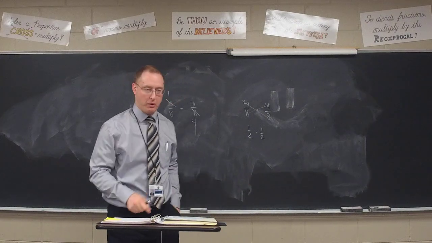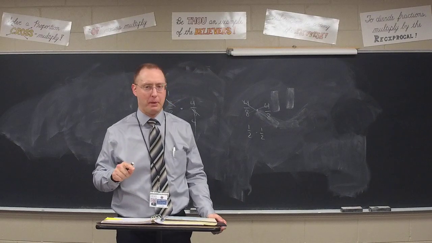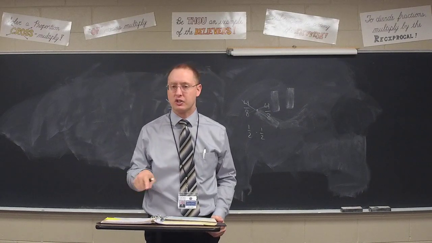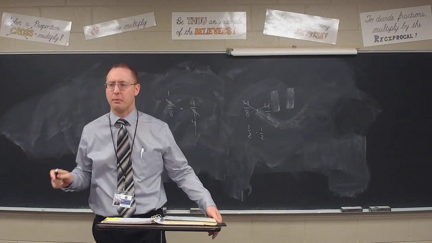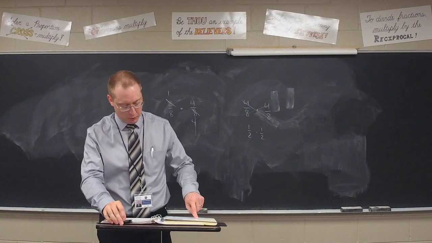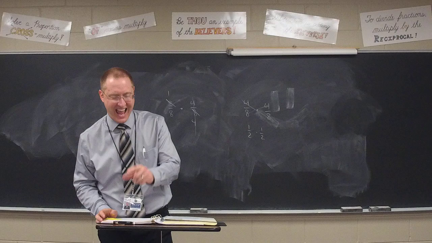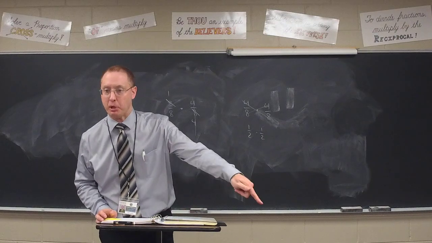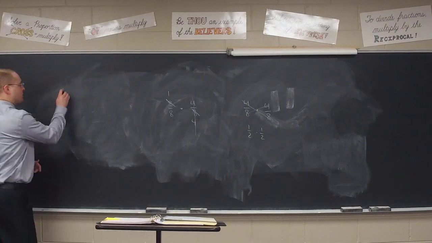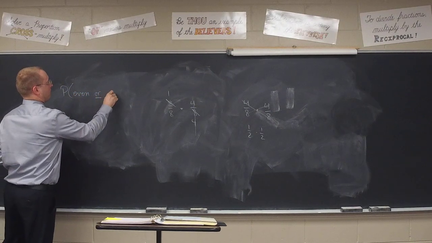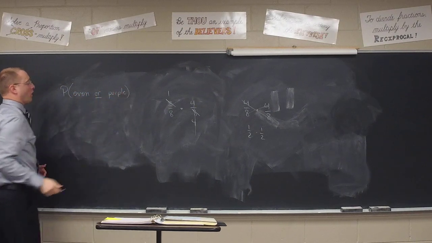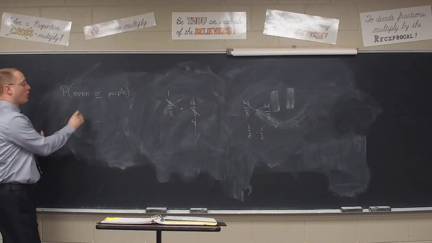I want to look at number 41. We had this term come up a couple days ago, mutually exclusive. Do you remember that term? Not something I'd emphasize. It's something we'll look at more next year, but I want to point this out. Do you notice how on number 41 it said spinning a purple and then an even number? What if it had said, class, the probability of an even or a purple? Well, class, how many evens are there? 4 to 8.